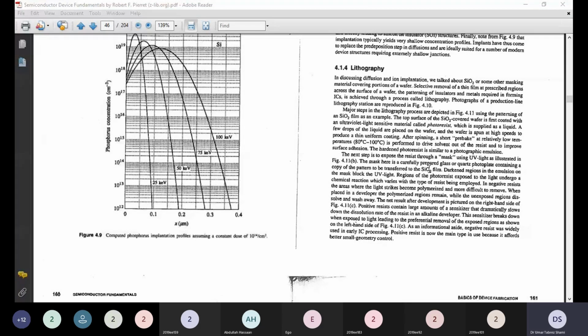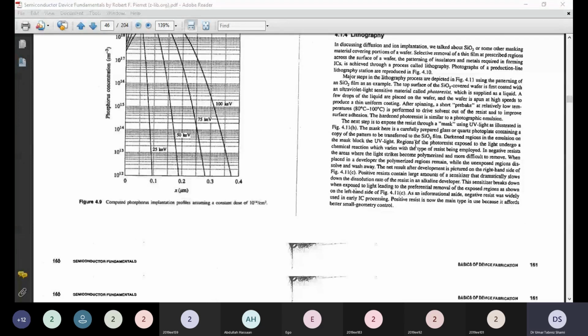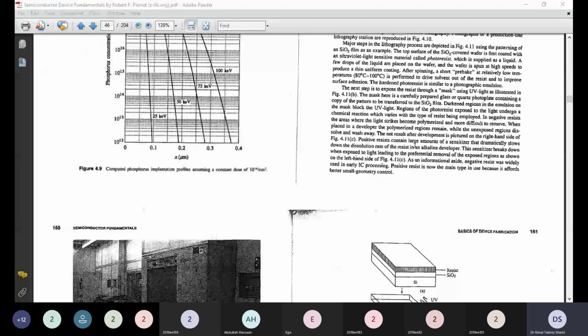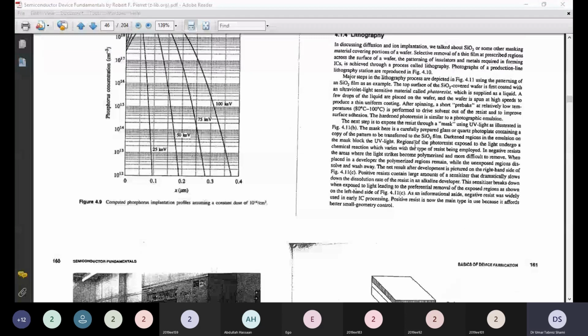Photographs of a production line are shown in figure 4.10. So this is 4.10, which shows the process of lithography. The major steps in the lithography process are shown in figure 4.11, using the patterning of a silicon oxide film as an example.